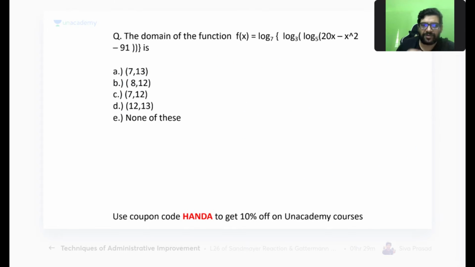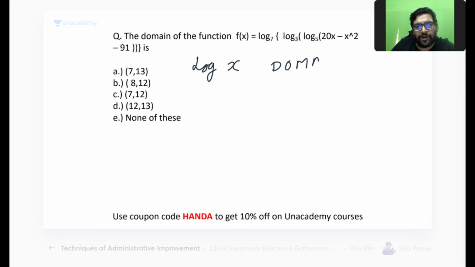Okay, please try this one out. Domain of the function. That means for which values of x is this equation going to be valid. So can you tell me what is the domain of log x? When is log x valid?